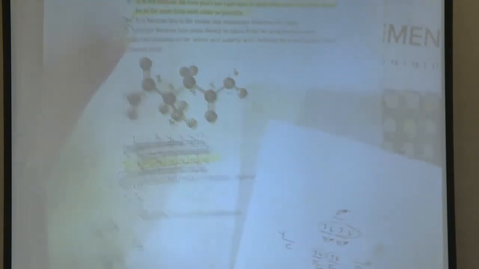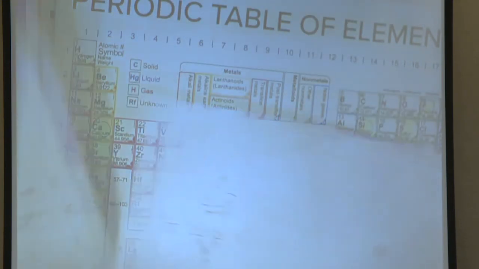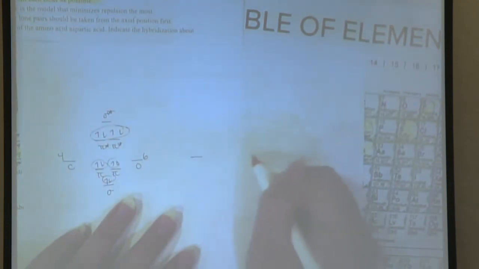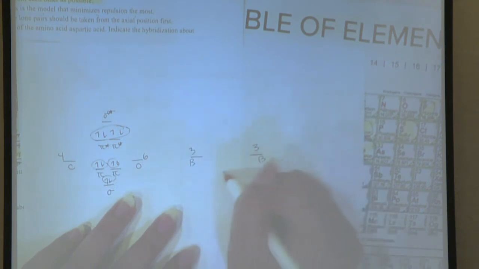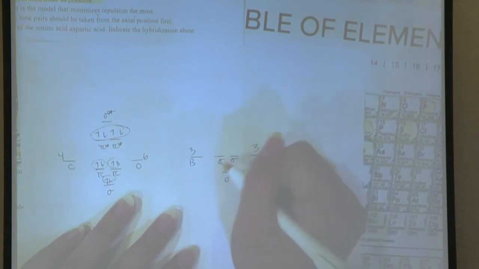Whereas something like boron, which has 3, right? So I'm going to do this again. Boron, which has 3. Oh my God, I'm sorry I keep miswriting this.